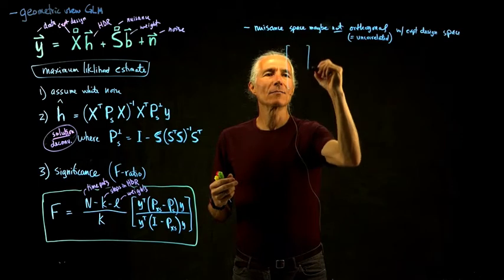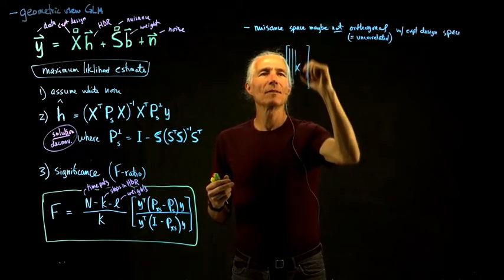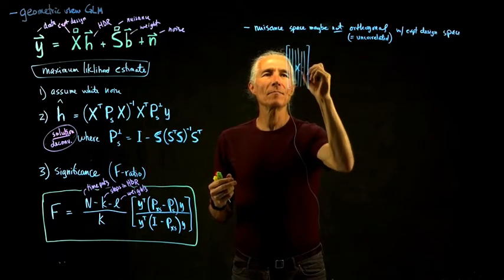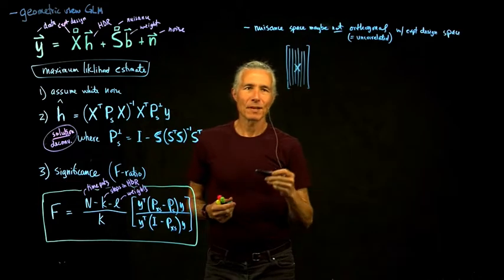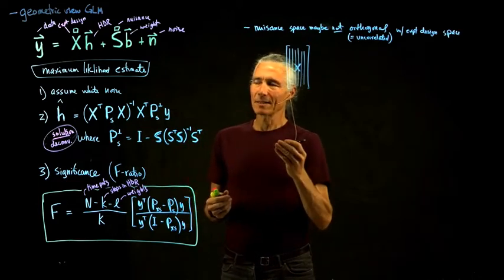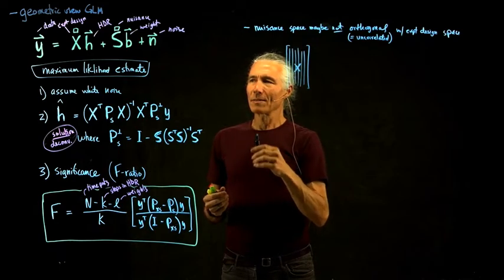Our X matrix is rectangular this way. And here are the columns of numbers in the X matrix. The columns of numbers in the X matrix are the basis vectors, like the X direction or the Y direction or the Z direction.